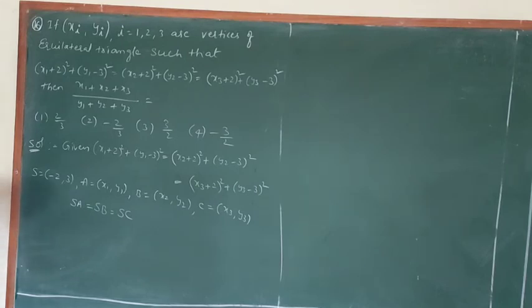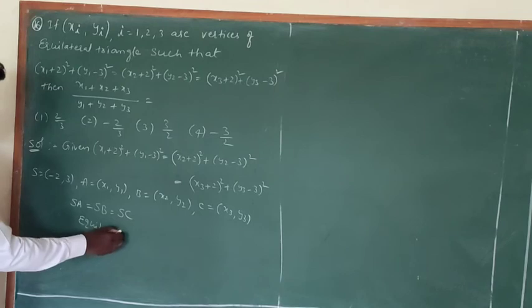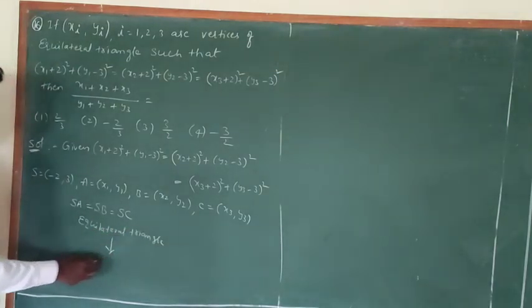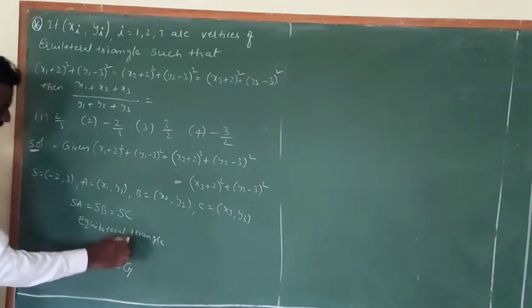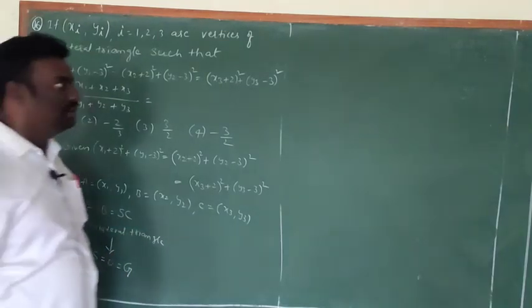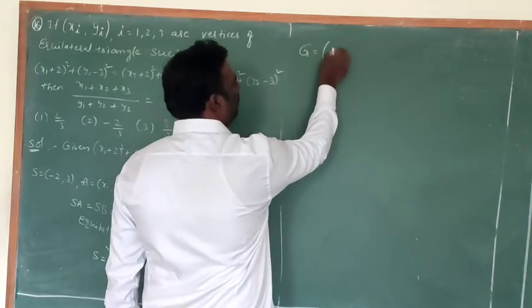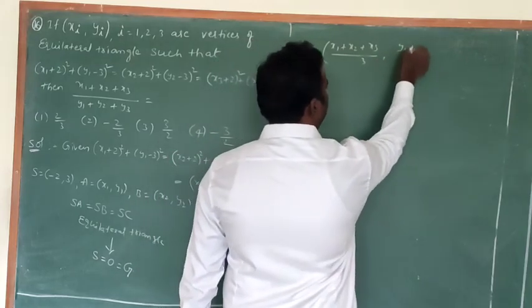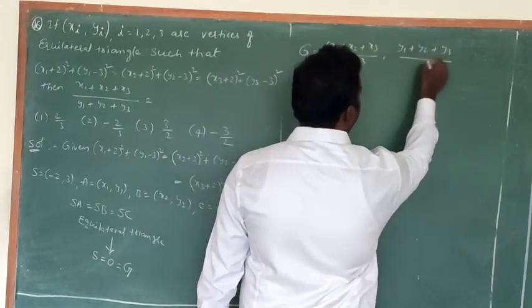Now SA equals SB equals SC, and this is an equilateral triangle, already given. In an equilateral triangle, circumcenter, orthocenter, centroid are all the same. Of these three, which is easy to find? I am finding the centroid: x1 plus x2 plus x3 by 3, y1 plus y2 plus y3 by 3.